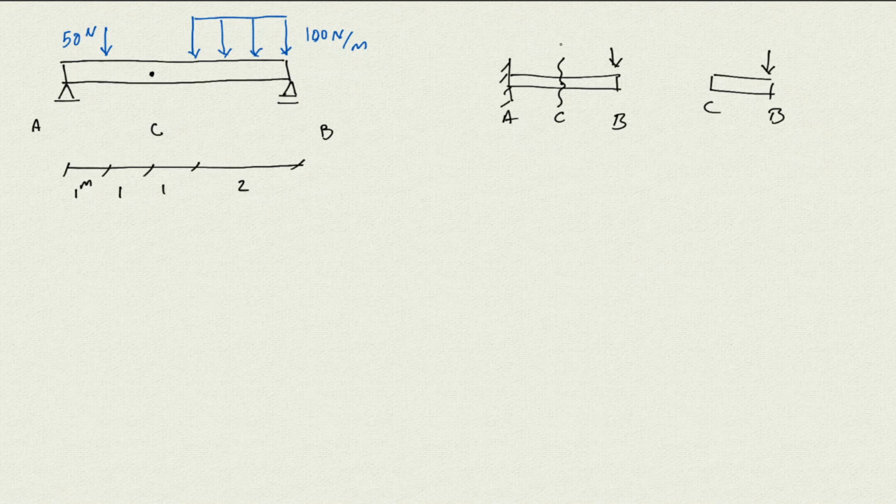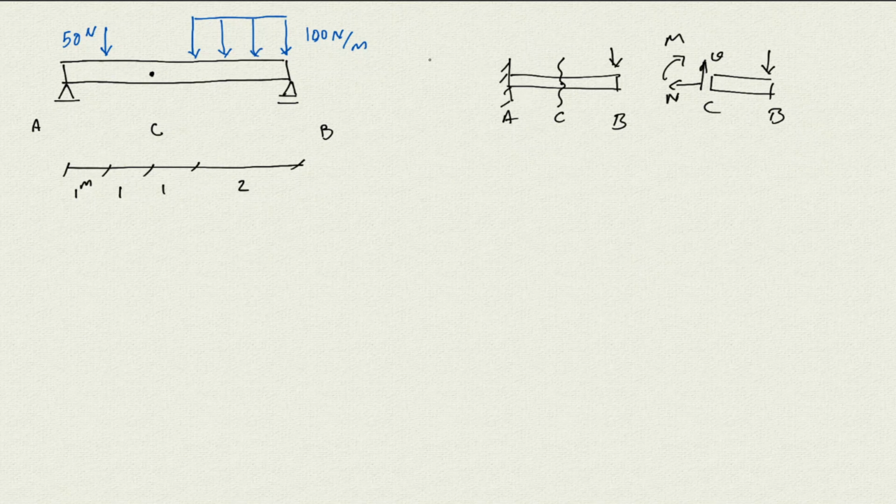I can right ahead pull out the CB section and start analyzing it. I say, okay, this is my normal force N, this is the V, and this is the M. So I can directly start to analyze this section without calculating the reaction.